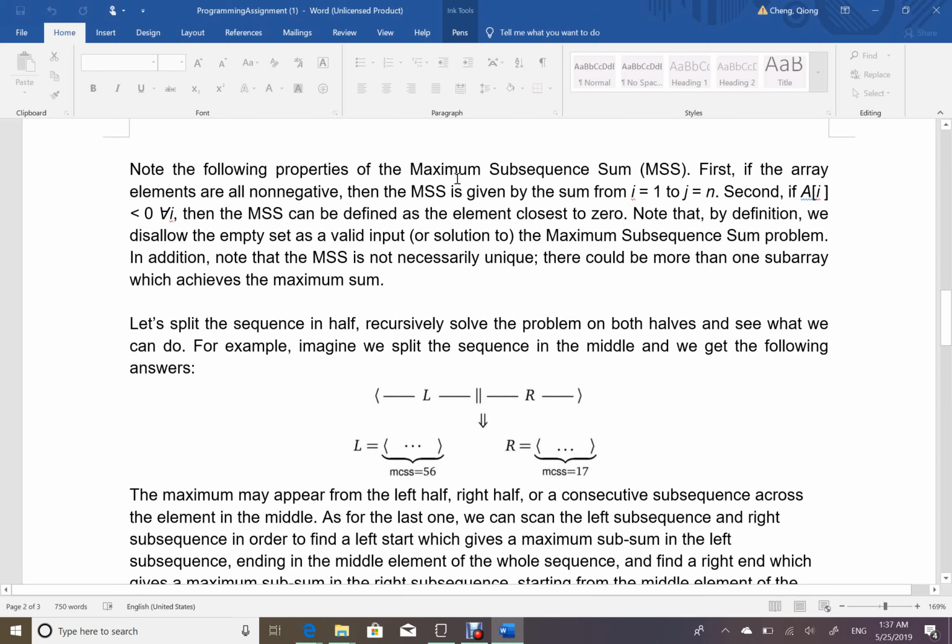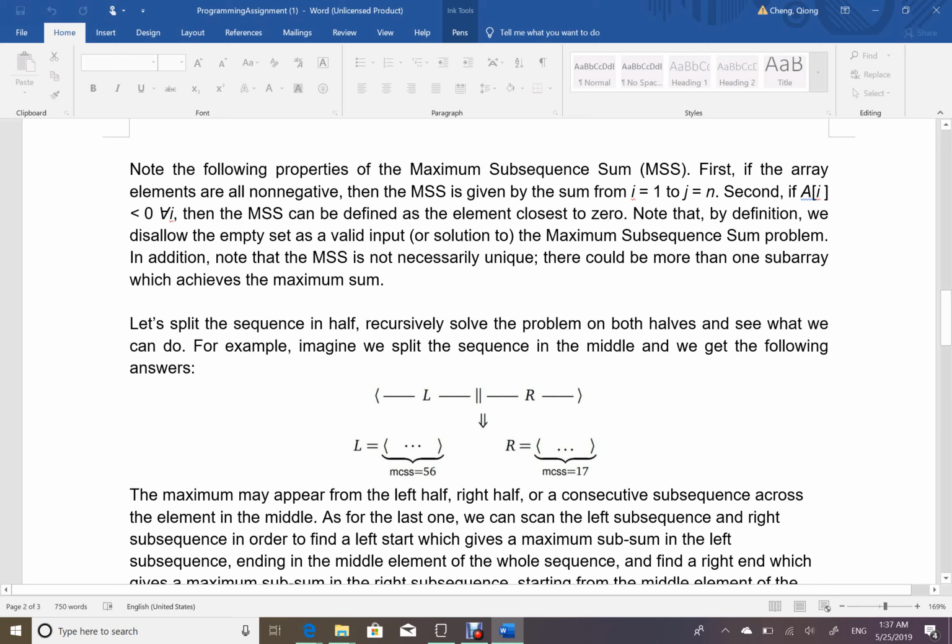Note the following properties of maximum subarray sum. First, if the array elements are all non-negative, then the maximum subarray is given by the sum from i equals 1 to j equals n, right? If every day the price is increasing, of course the first day is the lowest price and the last day the highest price, and we get the price difference. Of course, that is maximized. But in real life, the stock market, the data is not so nice.